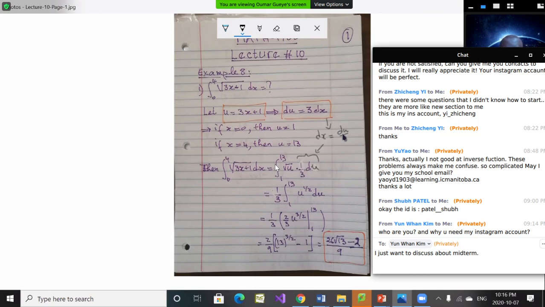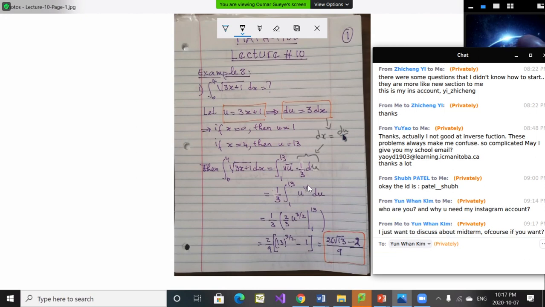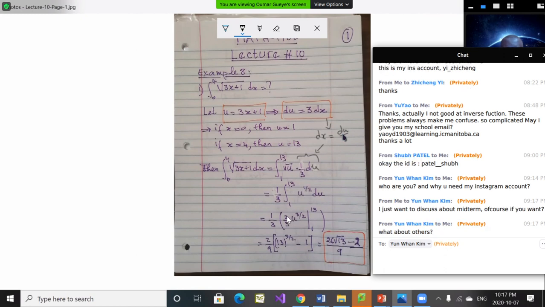When you take it out of the integral, the square root of u you can write as a power function. It's going to be u to the power half, because in this form it's going to be easier to calculate the antiderivative. For the antiderivative here, you will get u to the power 3 by 2 times 2 by 3.